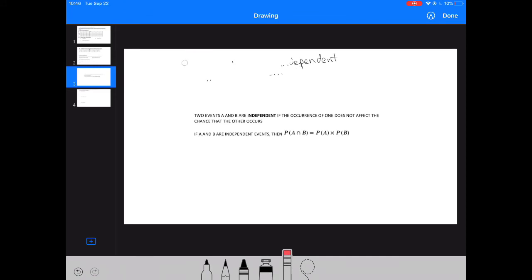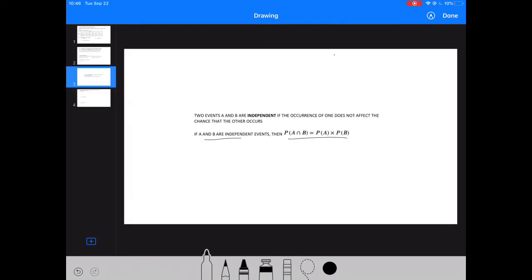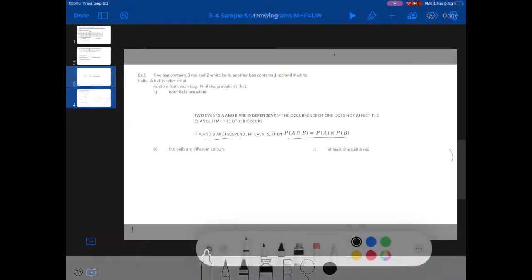They're independent if the occurrence of one does not affect the chance that the other occurs. If they are independent, then this is true. That is all about sample space diagrams and connecting to independent events.